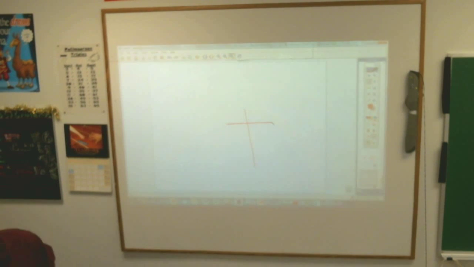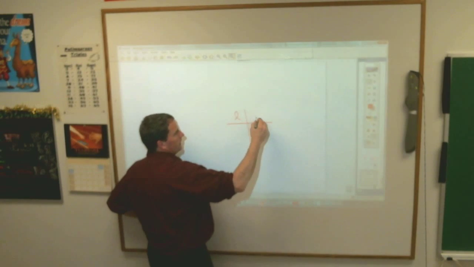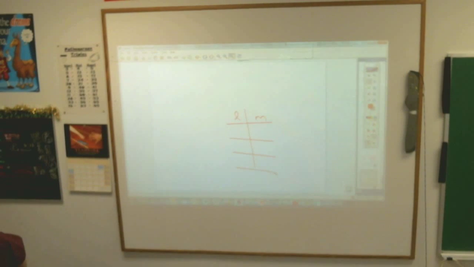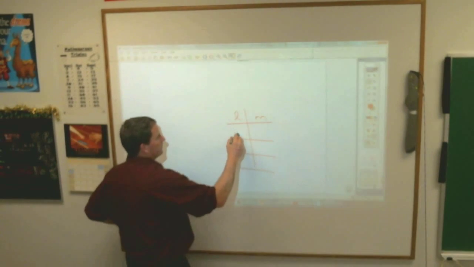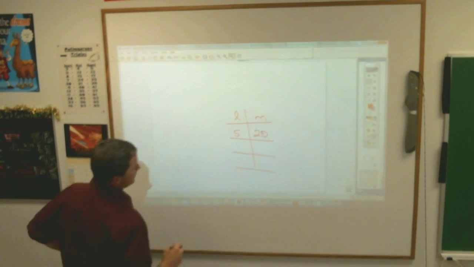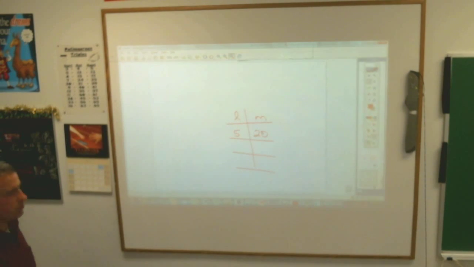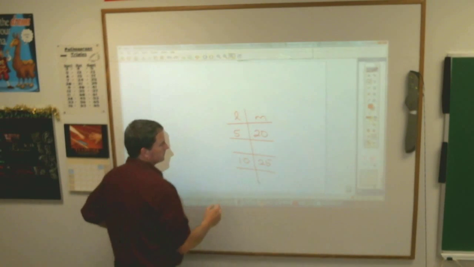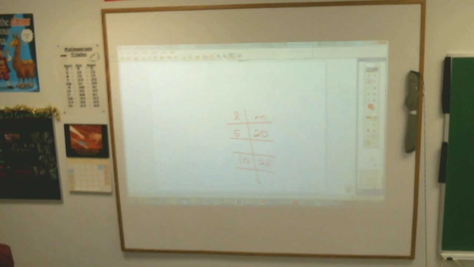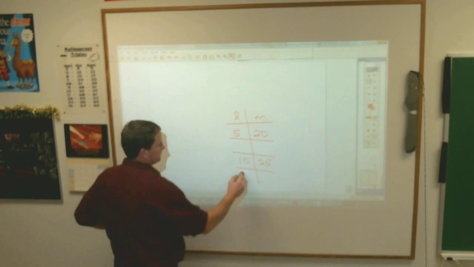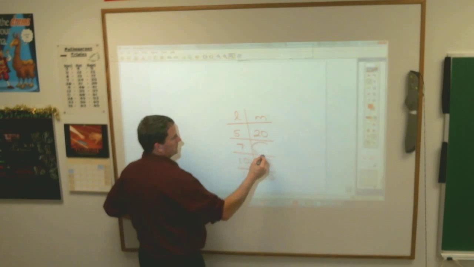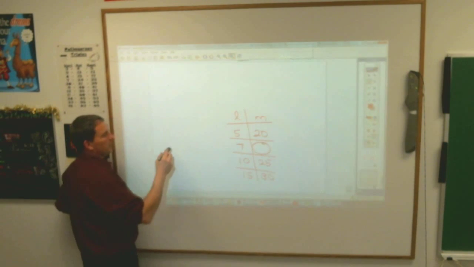Let's say you've got L and M, and you have these inputs and these outputs: 5 and 20, 10 and 25, 15 and 30. And then there's a 7 here, and they want you to find this first. But what function could I write, or what rule?